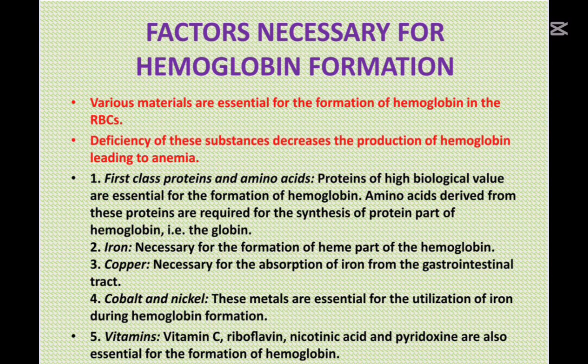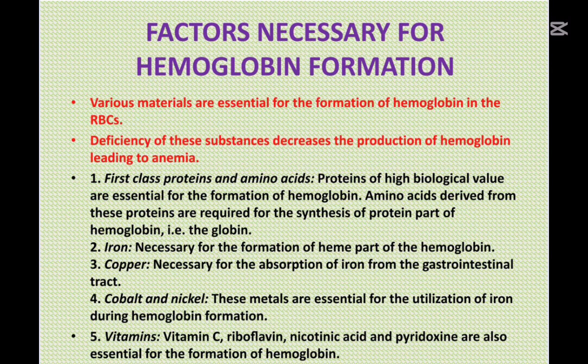While vitamins, which we have discussed also, especially vitamin C, riboflavin, nicotinic acid, and pyridoxine, they are also needed. Are you getting me now? So riboflavin is vitamin B2, nicotinic acid is vitamin B3, and pyridoxine is vitamin B6. They are important for hemoglobin formation. And the first one which we missed here is first class protein and amino acids.